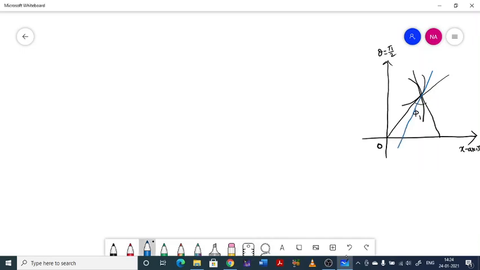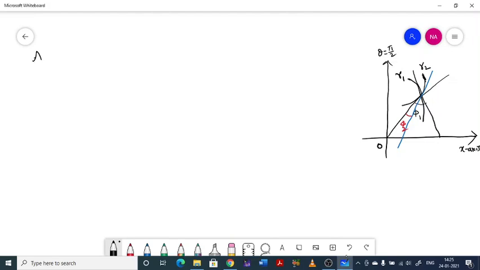So that makes an angle, say, phi 2. Now the angle between these two curves: this is the first curve, r equal to r1, and this is the second curve.